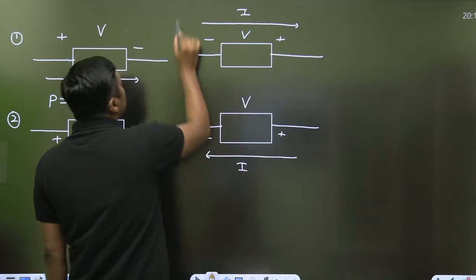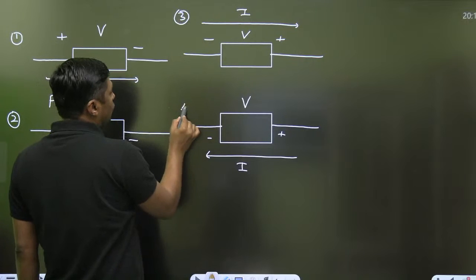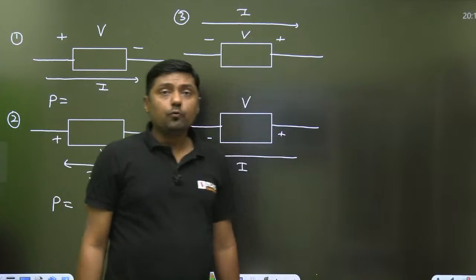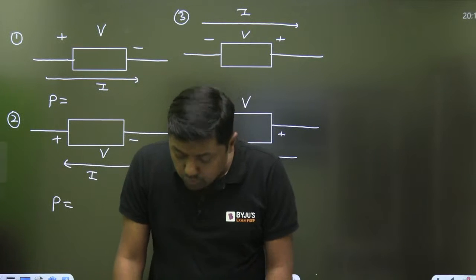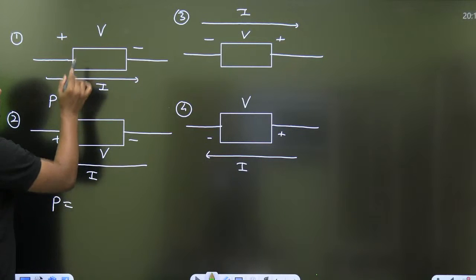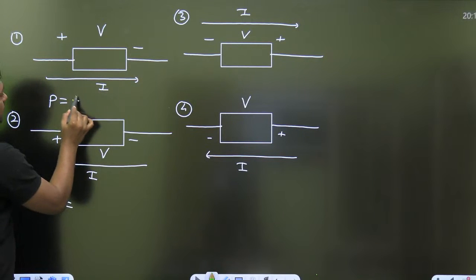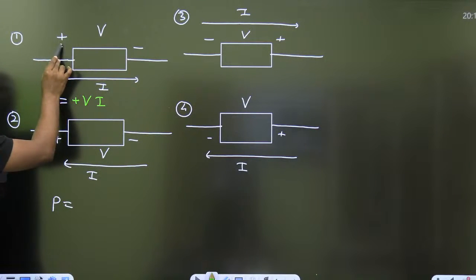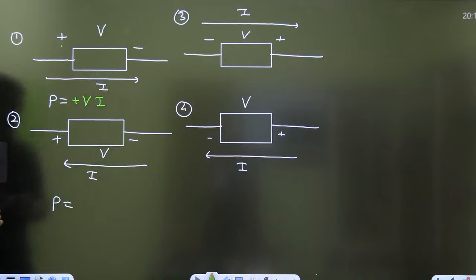Now, in the third and fourth cases, what will be the power, everyone? Very simple concept. In this case, the power will be positive. Positive means this element will absorb the power. If the current enters through the plus and leaves the minus, then the power will be absorbed.